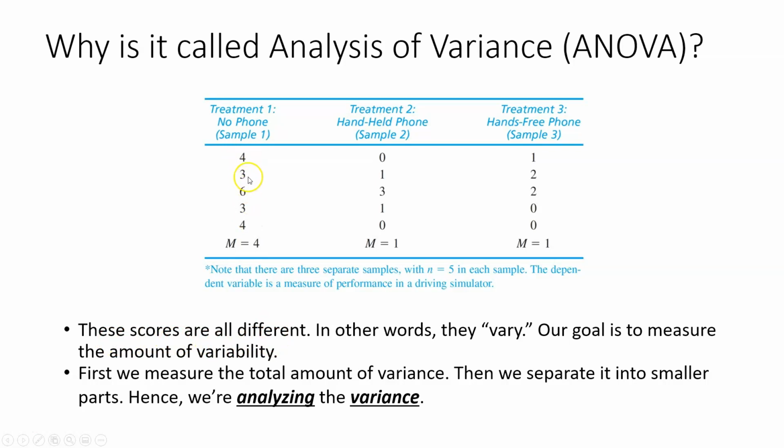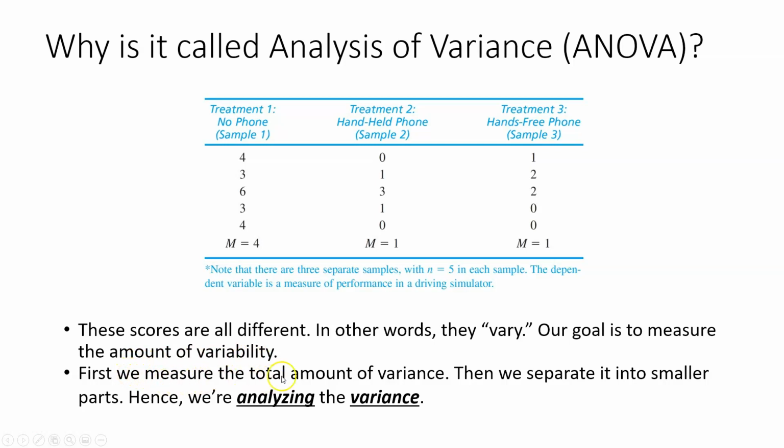Somebody got a 4 here, somebody got a 3. Another person was in this driving simulator and got a 1. Another person over here was in the same driving simulator but used a hands-free phone and they got a 0. And this person got a 0 and a 1. They're all different from each other. In other words, they vary. Our goal is to measure the amount of variability, how much they differ.